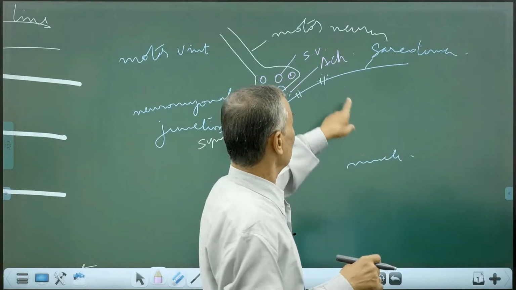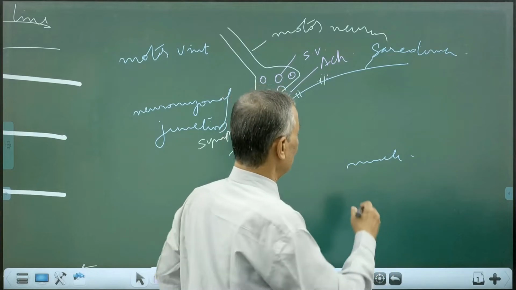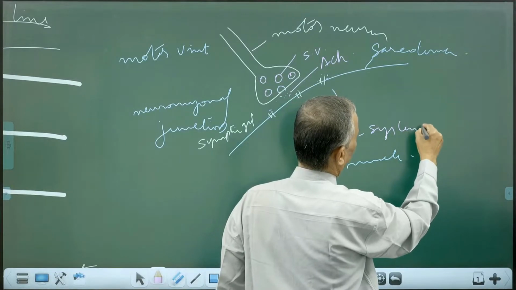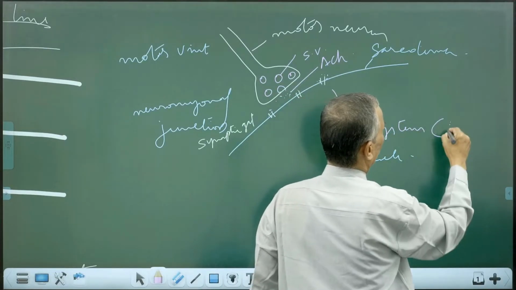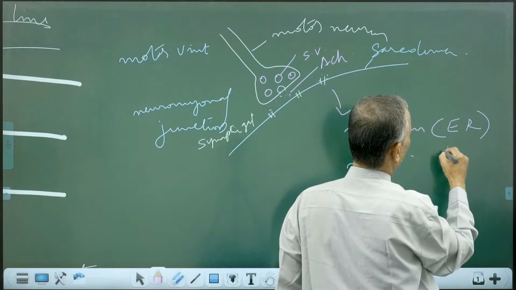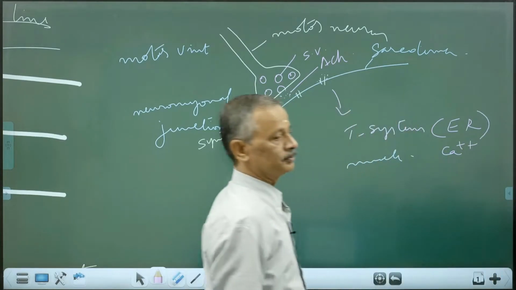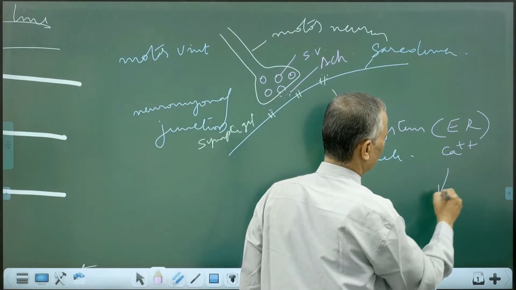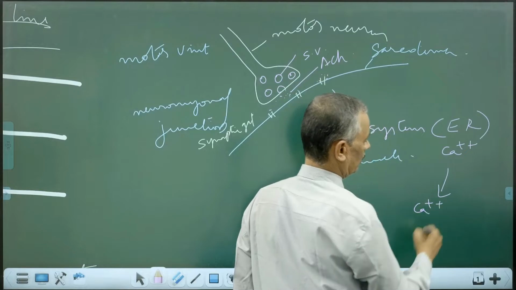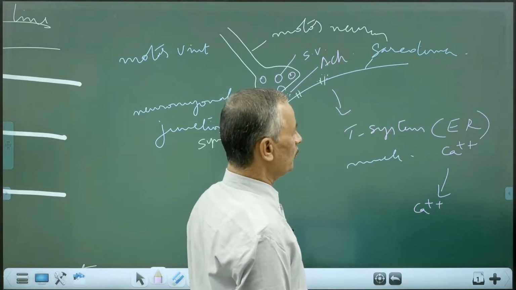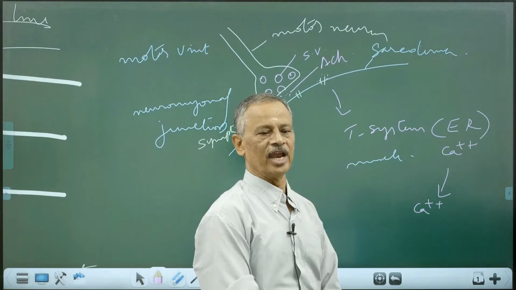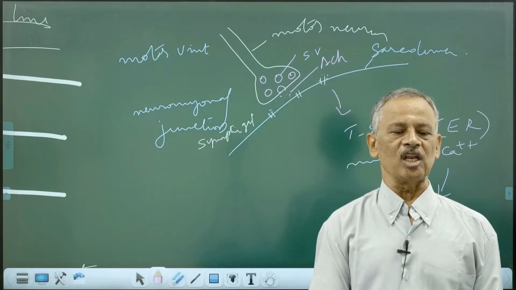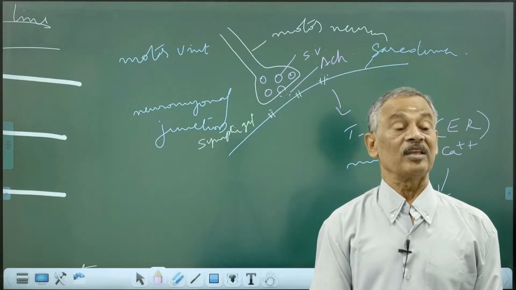So the signal came, and the muscle became excited. Now this signal reaches the T system. What is the T system? The T system or triad system consists of endoplasmic reticulum, which is the storehouse of calcium. From the T system, calcium is pumped out. This calcium activates the ATP, and thus ATP becomes attached to the ATP binding site present in the head.